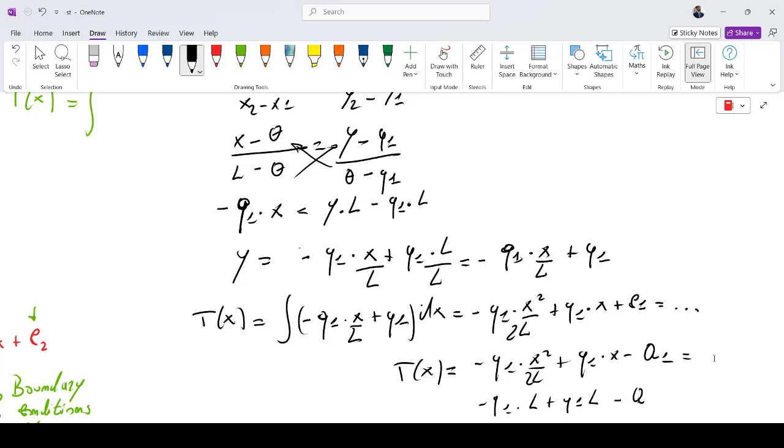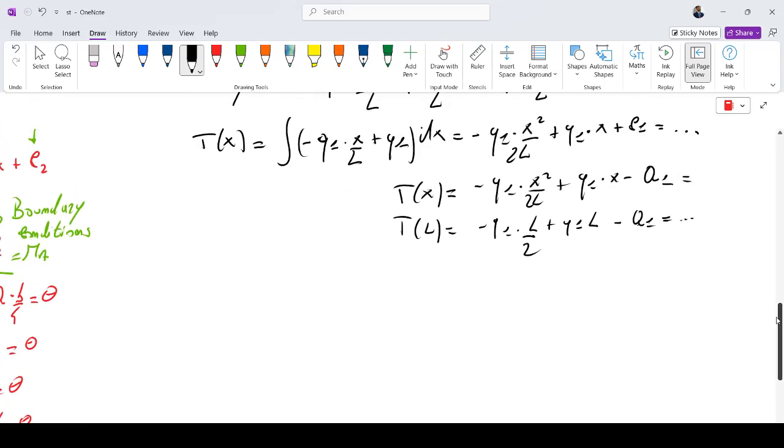Here I missed the 2, so we have minus q1 times x squared over 2 times L. When I calculate T at x equal to L, we have minus q1 times L over 2 plus q1 times L minus Q. This is equal to a certain value, but as we can imagine, it is equal to 0, because this quantity is q1 times L over 2 minus Q, that is Q minus Q, which is equal to 0.